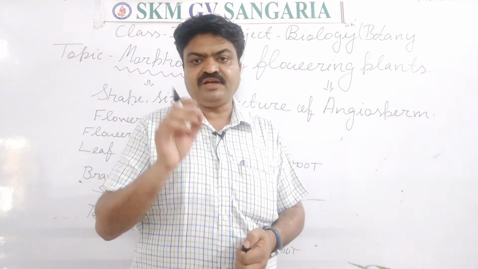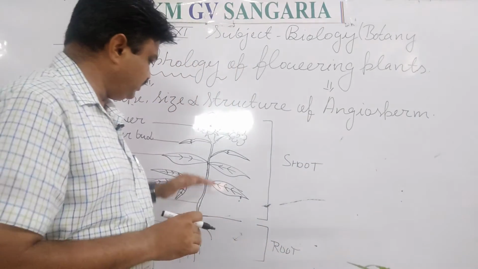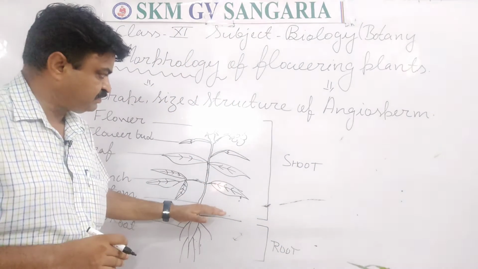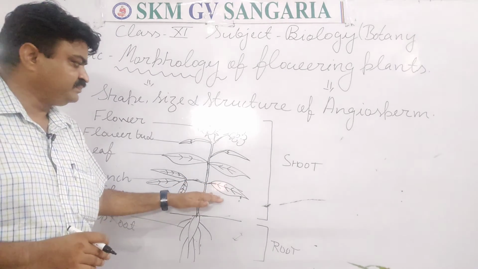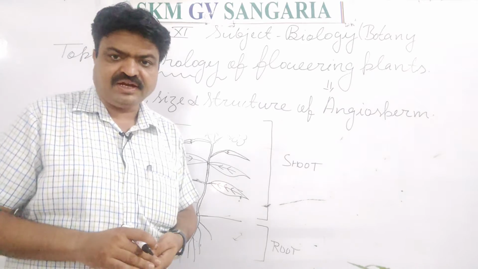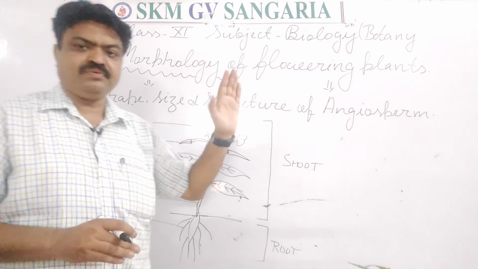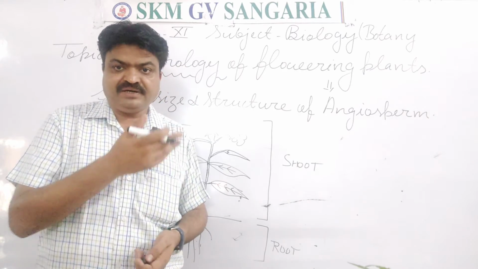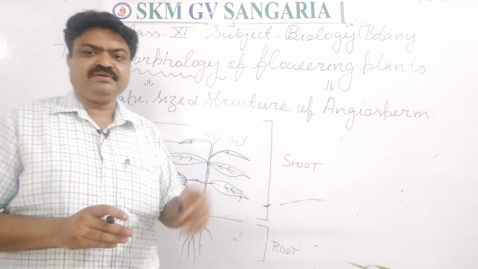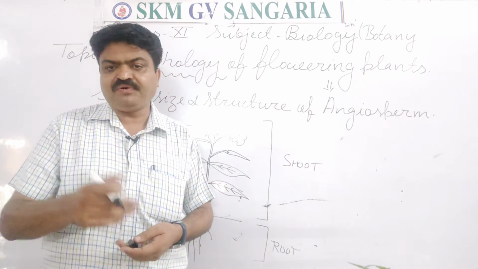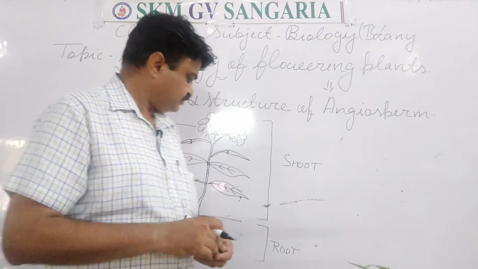Those structures are known as twigs or stalk, we can say. This part has growth. Which type of growth does this part have? It has phototropism, means all the parts of the shoot grow towards the sunlight. With the help of which movement, students? With the help of phototropism.